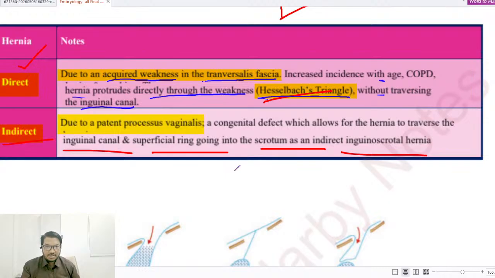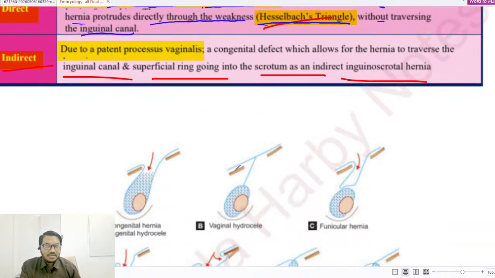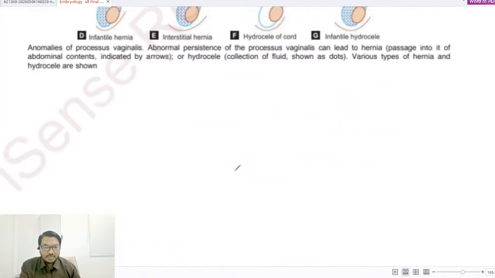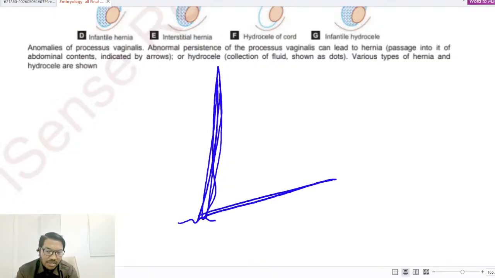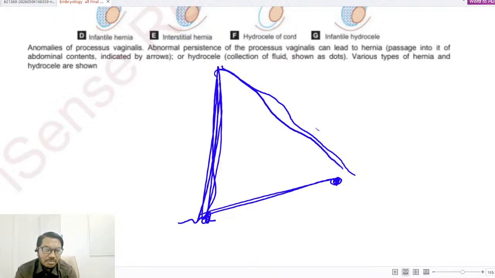Okay, very good. Yes, you remember exactly. So Hesselbach triangle. This is rectus abdominis, this is pubic tubercle. Lateral margin of rectus abdominis, and here will be the inguinal ligament, and here inferior epigastric vessel.